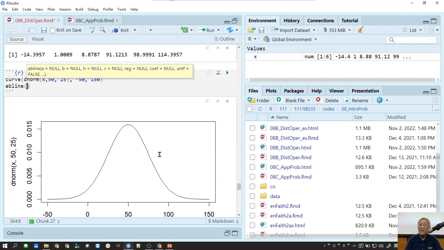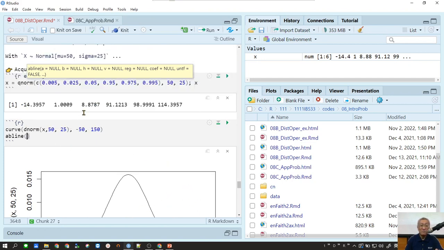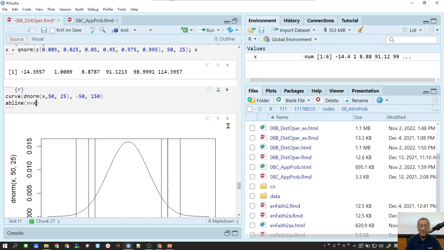Okay. Professor, what's abline? Sorry? What does it mean? A-B-L-I-N-E? Abline is actually I want to draw some lines on the plot, right? So I want to draw these vertical lines, so vertical line is v equal to this thing, right? See?